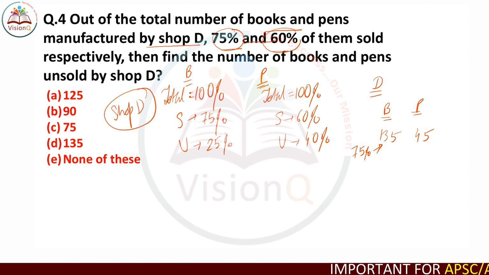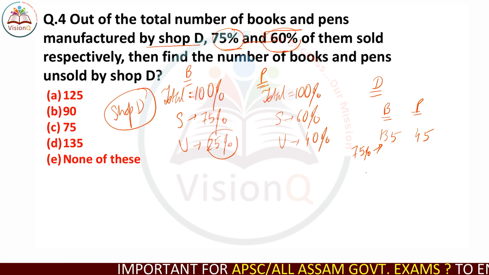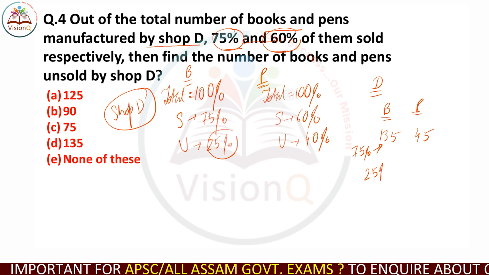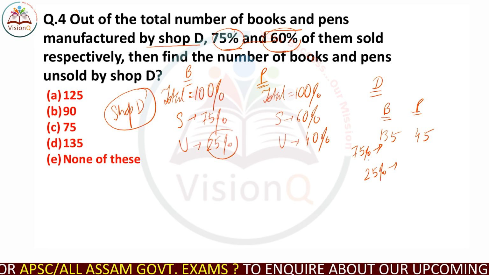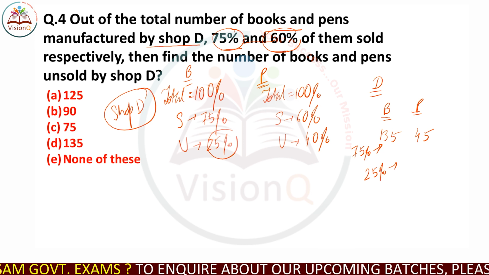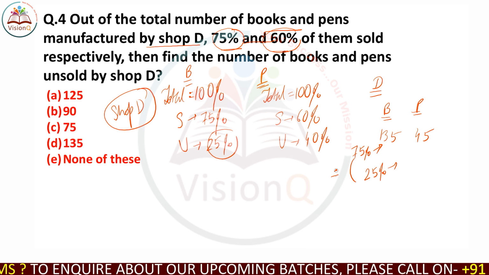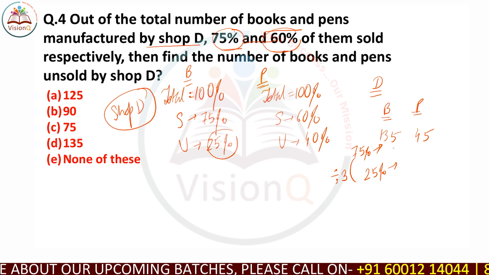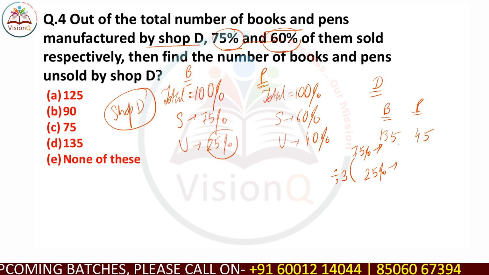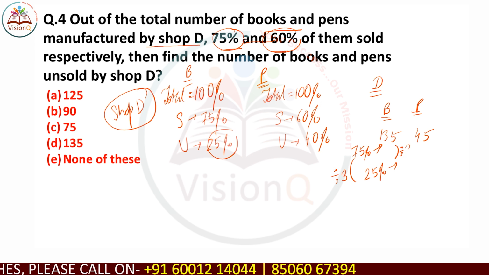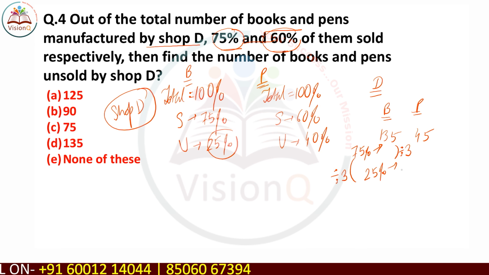So unsold is 25%. So if 75% represents 135, 25% is how much? Now 25 can be found from 75% by dividing by 3, isn't it? Because 75 divided by 3 is 25%. So divide this 135 by 3, it becomes 45. So the unsold number of books was 45.